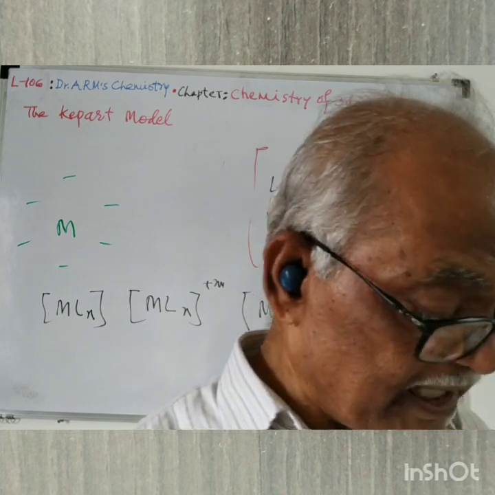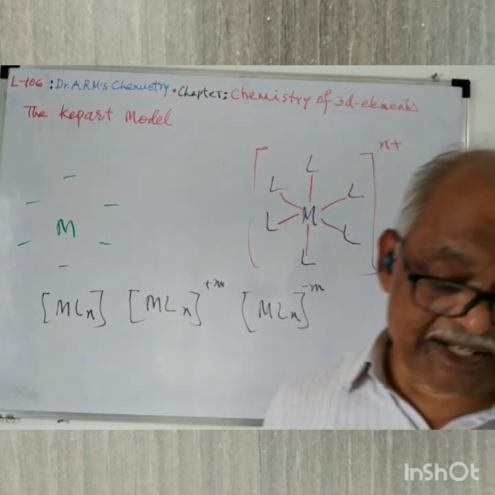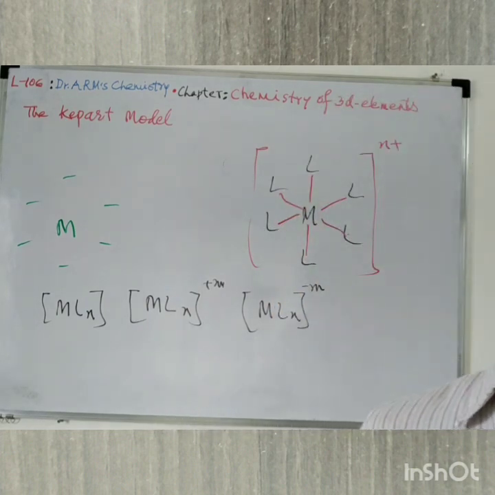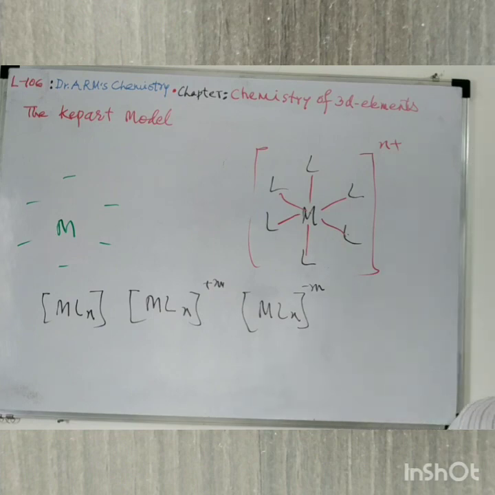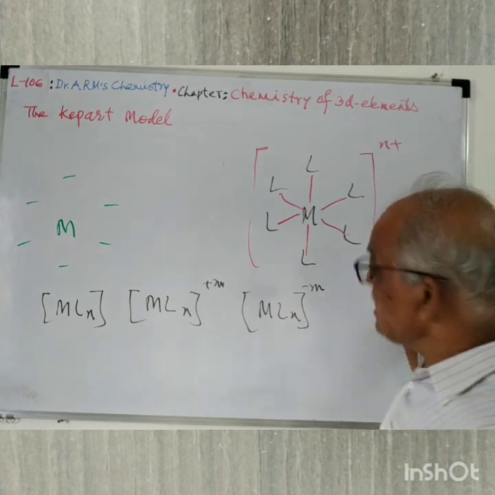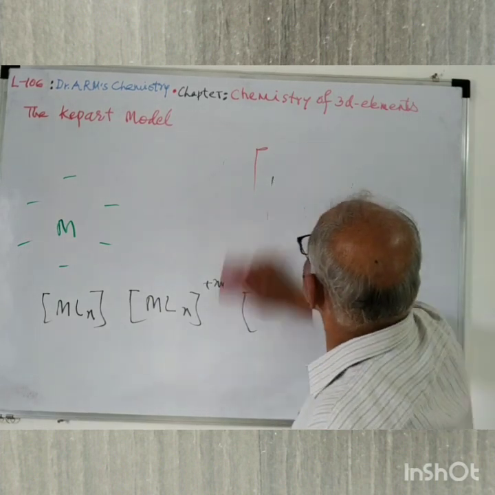So by ignoring the lone pair effects, the Kepert model proposed geometries for the complexes of the elements as follows.